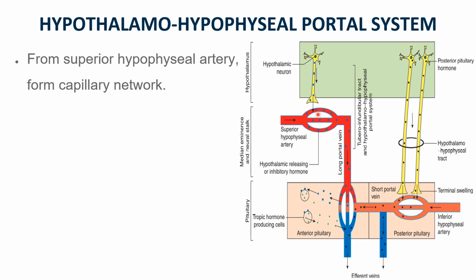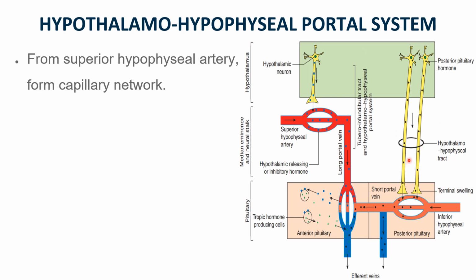The blood from this capillary network is drained into a long portal vein in the infundibulum. Then in the anterior lobe, these long portal veins break into another set of capillary network and represent the sinusoids of pars anterior. So this arrangement is called the hypothalamo-hypophyseal portal system.